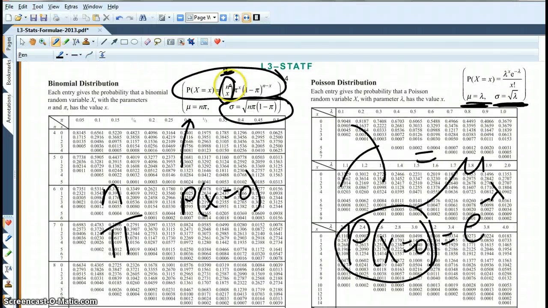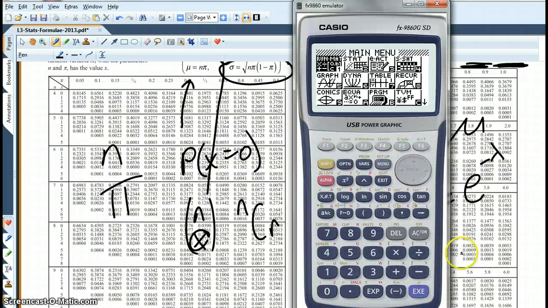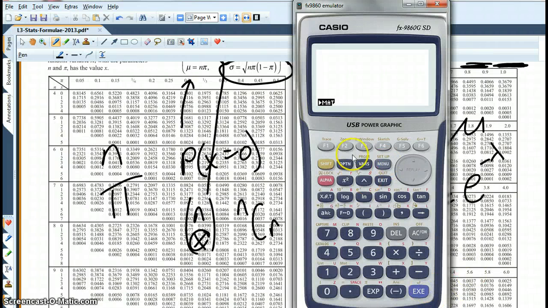So that nCx is actually nCr, and we're looking at when x is 0. So if we grab our calculator and we press menu, execute, then options, and then we need to go to probability. Now notice here you've got the random number as well. So we are looking for when x is 0.